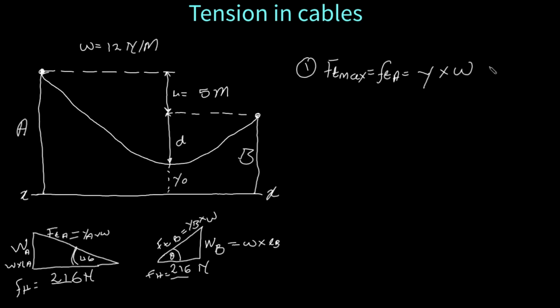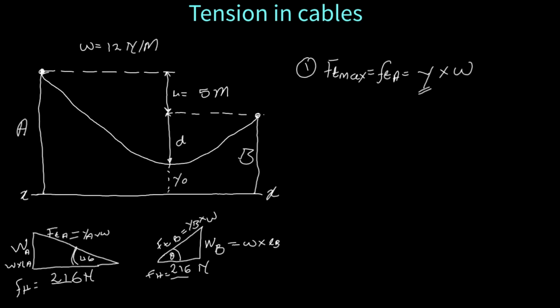So this value is not going to change whether you are calculating for FT on support B or FT on support A. This is the only thing that is going to change, and the higher this value, the higher the FT is going to be.